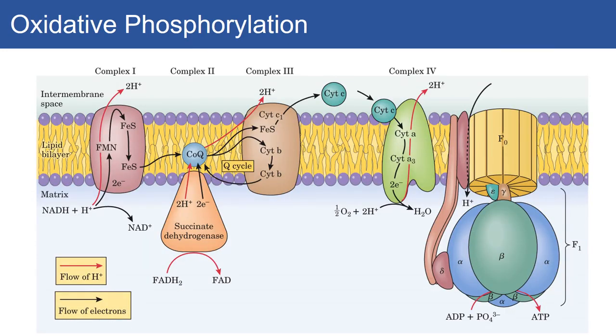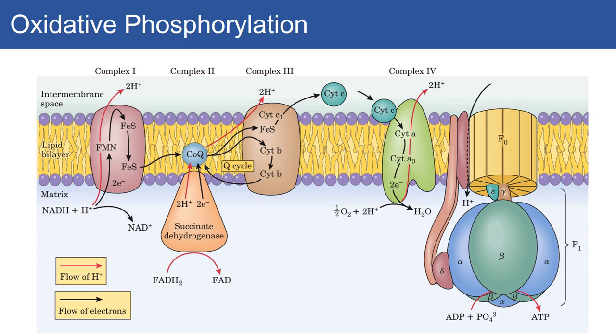From there, we go into oxidative phosphorylation, where we have five workhorses: complex 1, 2, 3, 4, and the F0F1 ATPase. Some people lump the F0F1 ATPase in with complex 4. We'll just refer to it as the F0F1 ATPase.